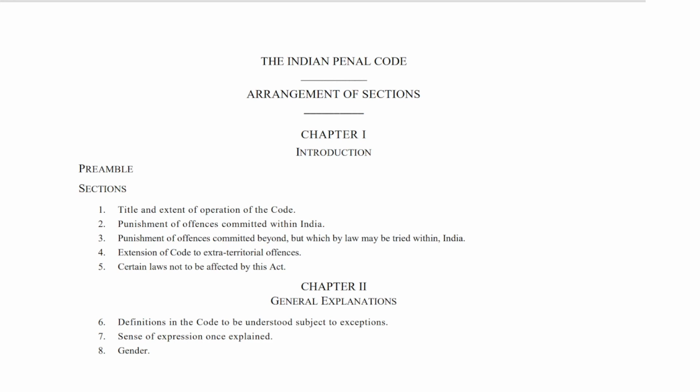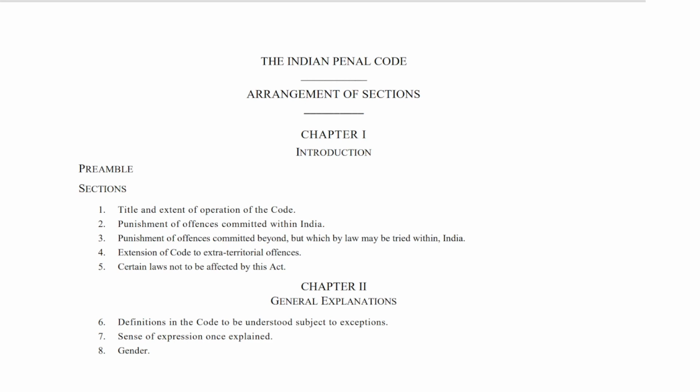In that scenario, the act which prima facie is a crime committed in society, due to the presence of these general exceptions, the person who is the accused will not be considered the accused. Rather, he will be freed. He will not be convicted, the reason being that it falls within the general exceptions. I have explained all the general exceptions to you in our previous video.